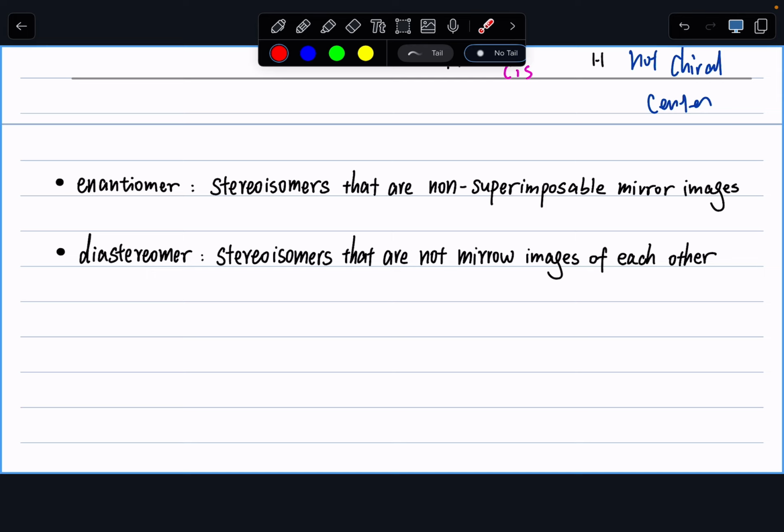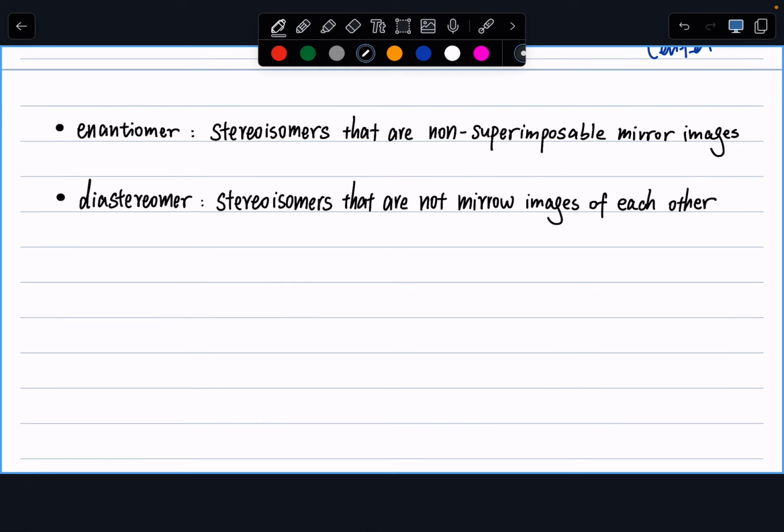So we start by looking at enantiomers. Enantiomers are stereoisomers that are non-superimposable mirror images, so these two are mirror images of each other, like the two molecules we built right here. Let's say I have a carbon attached to a carbon. I'm looking at my left molecule here. Let me make it staggered. The red one is pointing towards you.